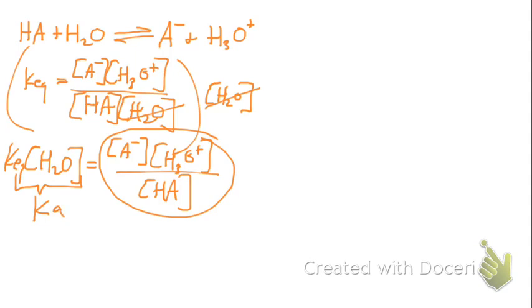Now, in a weak acid, without much dissociation, we're going to see that this is going to be equal to this, because there's not much dissociation, so the concentration of protons and the concentration of the conjugate base are going to be equal.